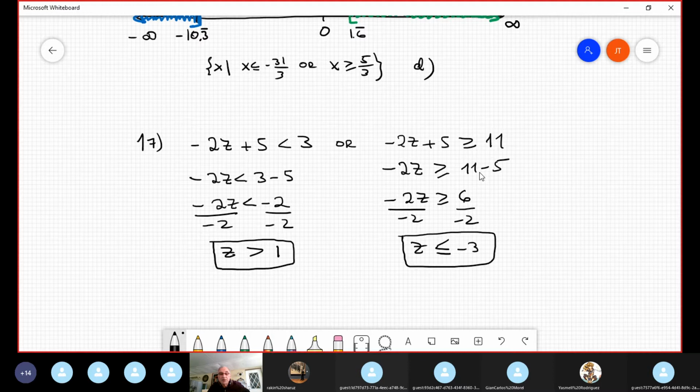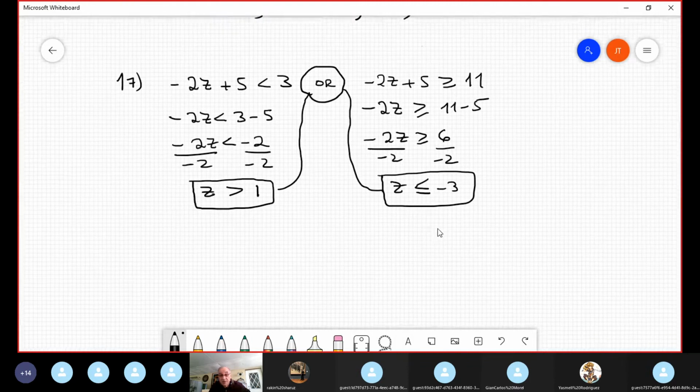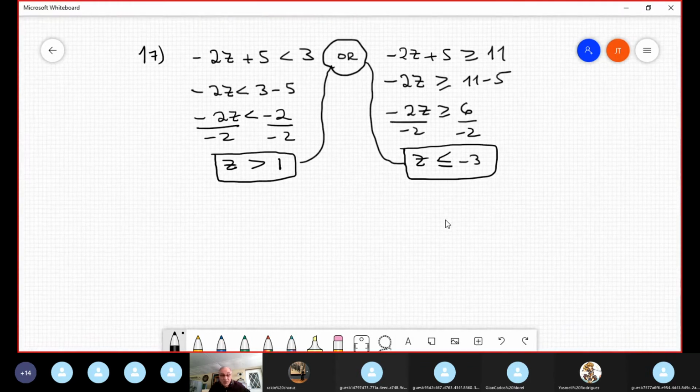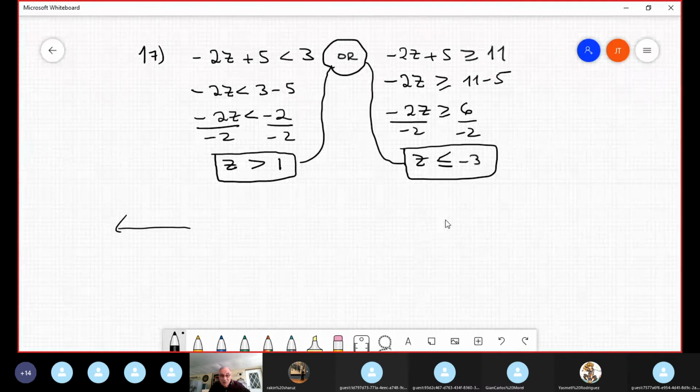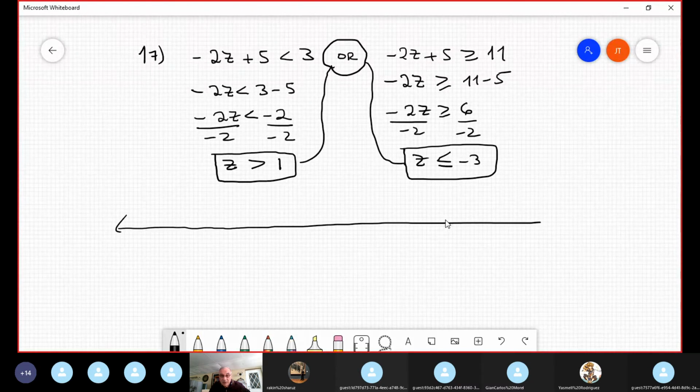And finally, we're connecting this using the OR concept with this. The easy way is graphically, because you know, guys, one image gives me more information than 1,000 words, 1,000 equations. So this is more clear. Visualize this idea always in compound inequality, que es classical. It's 1 and negative 3 is negative 1, negative 2, negative 3.